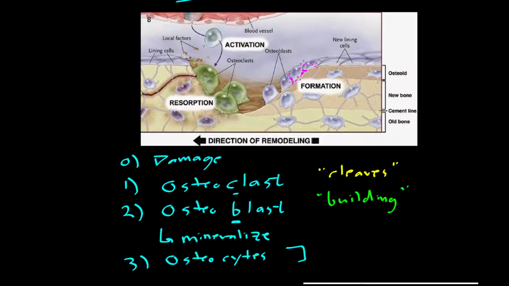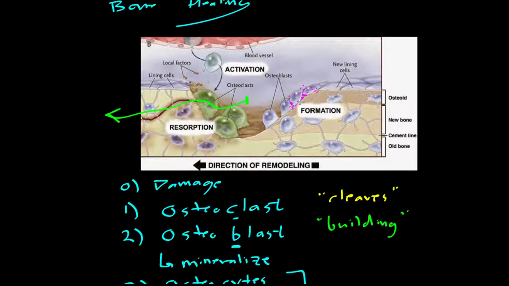So as the osteoclasts eat away in this direction, the osteoblasts come in, fill in space, and they eventually just get locked in place. What's worth thinking about is the relationship between damage and remodeling.